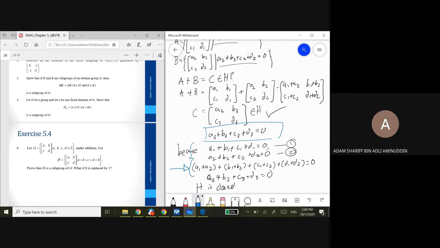Based on the properties of mathematics, this is knowledge of mathematics: you add up two zeros together, 0 plus 0 is equivalent to 0. Okay, let this idea sink in for a while.